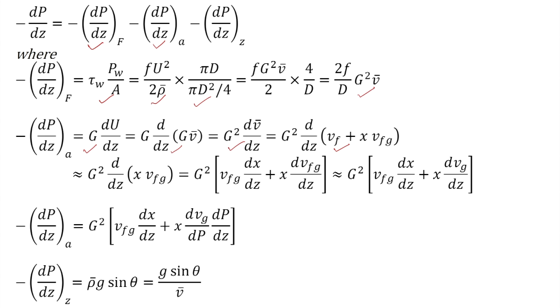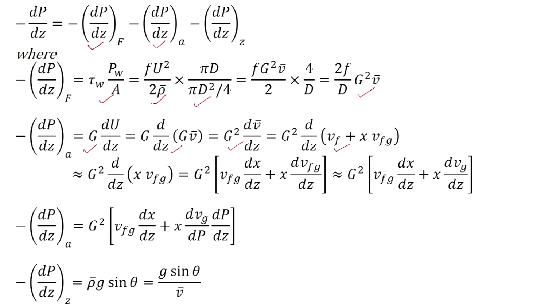Now, for simplicity, we will assume that the specific volume of the liquid phase does not change. Actually, it will change, but the change will be very small, so it can be neglected. That is, the compressibility of the liquid phase is neglected. So, we need to differentiate only the second term, which is x Vfg.